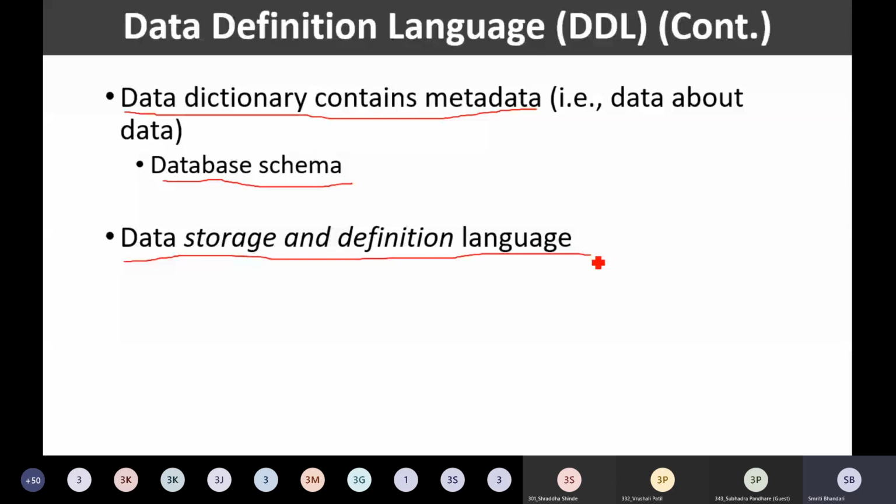These statements actually define the implementation details of the database schemas. I'll repeat what this language does. The statements under the storage and definition language define the implementation details of the database schemas. Implementation details. What do we mean by implementation details?